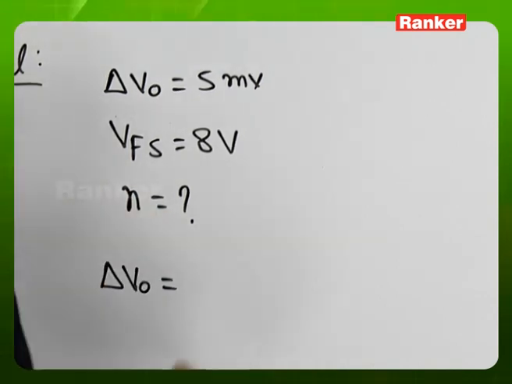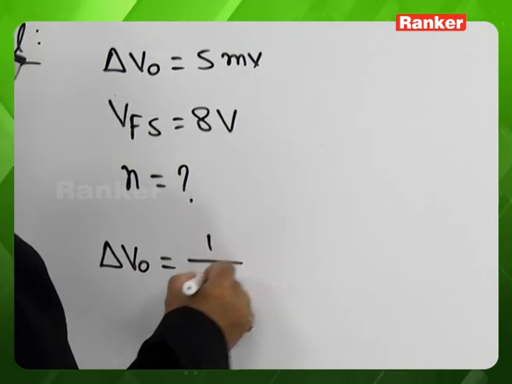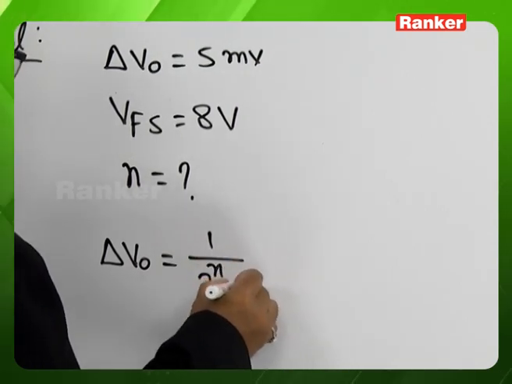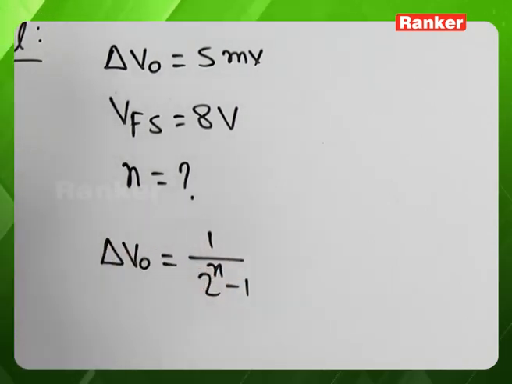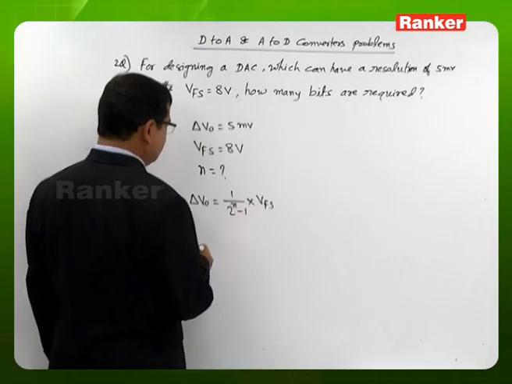The equation will be delta V naught equal to 1 upon 2 to the power of n minus 1, where n is the number of input digital bits, times the full scale output voltage.